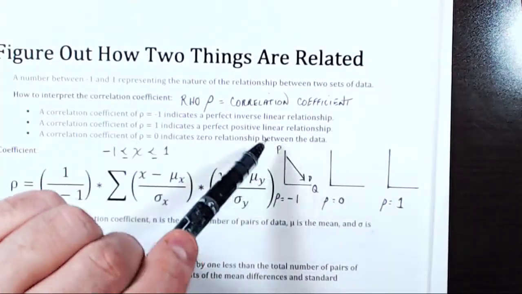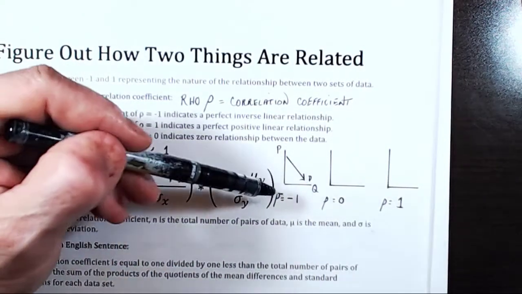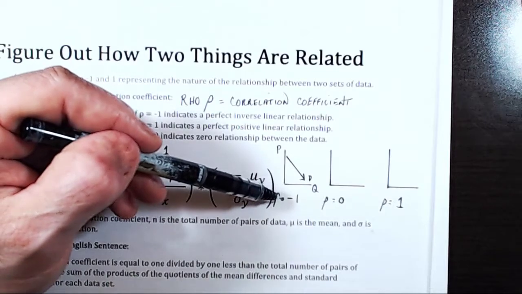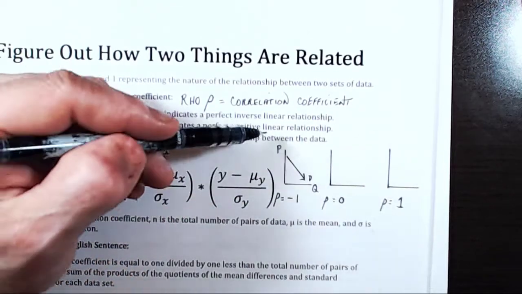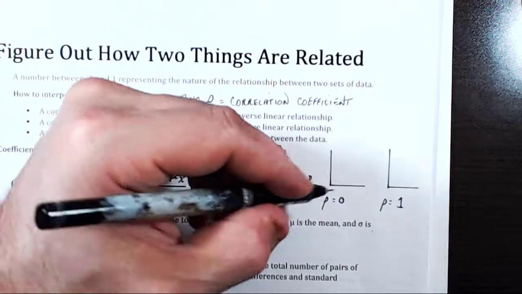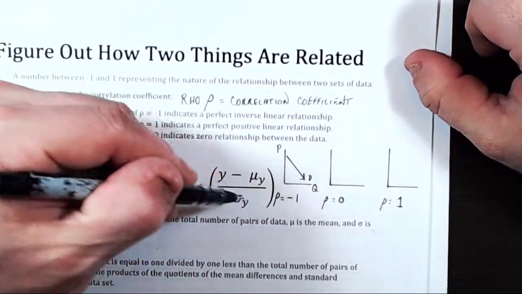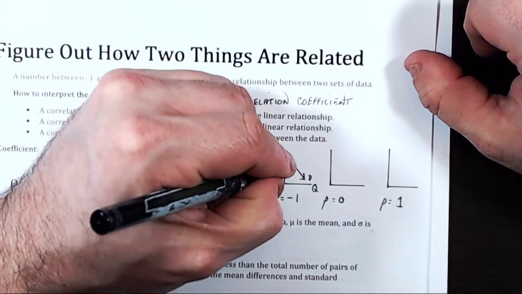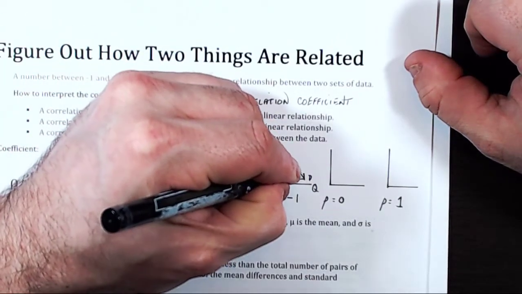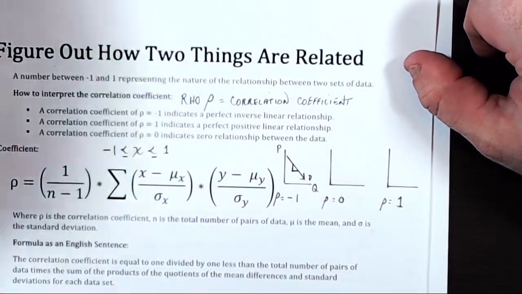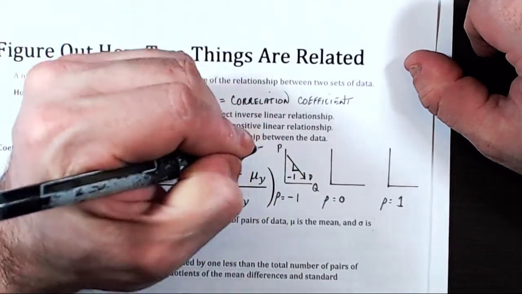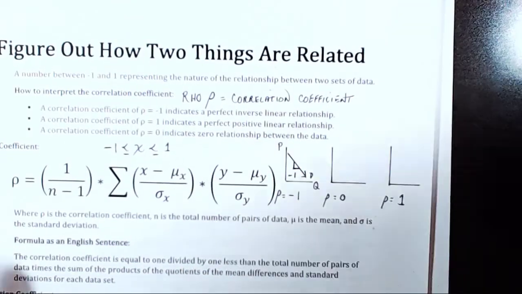So if the slope is right on that demand curve, if you have a correlation coefficient of -1, if the price goes up by $1, the demand will decrease by the same percentage, because the slope here, the rise over the run, is -1, -1 slope.